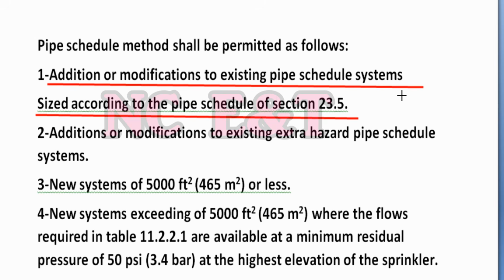Number 2, addition or modification to an existing extra hazard pipe schedule system. We can use this method for an existing fire sprinkler system that is designed by a pipe schedule for extra hazard.